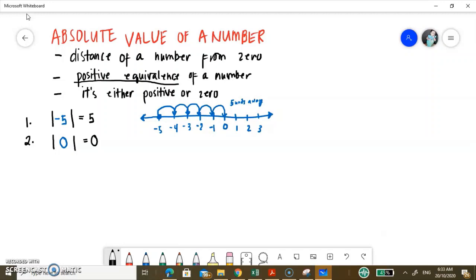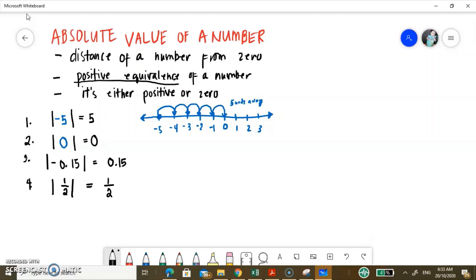Okay? So, next example, if you are given negative 0.15, so you just get the positive equivalence for that. You just have to remove the vertical bars, you remove the negative sign, and then you just write 0.15. So if you're asked to find the absolute value of 1/2, so the distance of 1/2 from 0 is also 1/2.